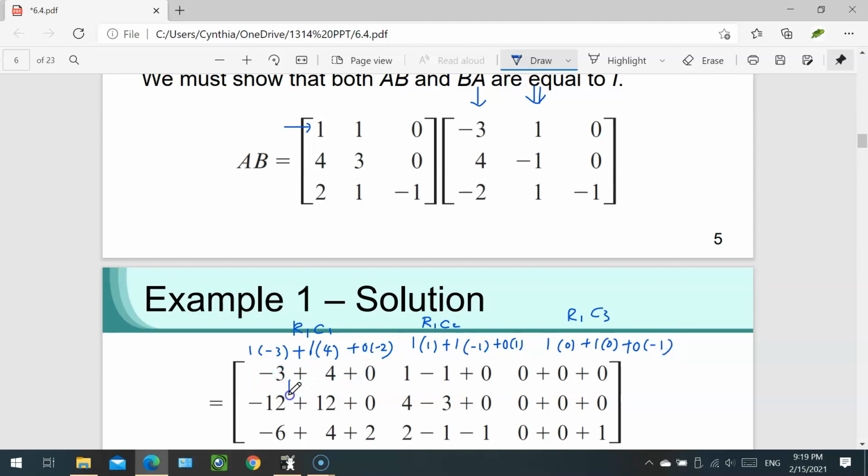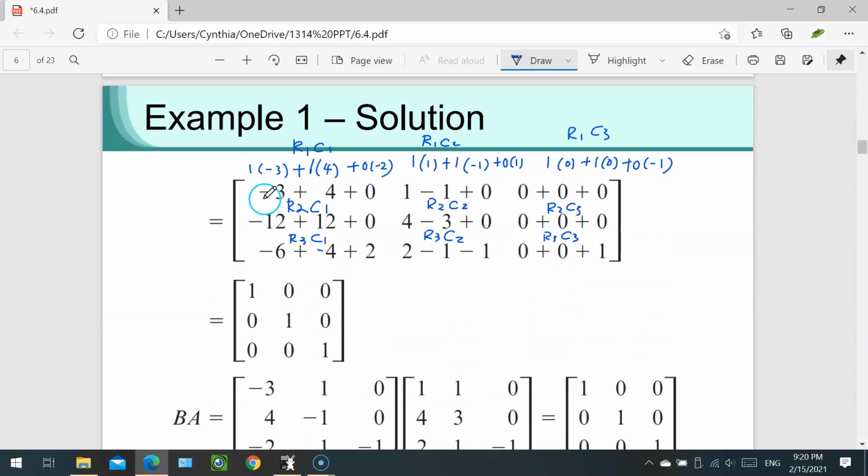And then you process the same way. Move to row 2, column 1, row 2, column 2, row 2, column 3. And then you do row 3, column 1, row 3, column 2, and row 3, column 3. Then you clean up each of the row-column forms here.